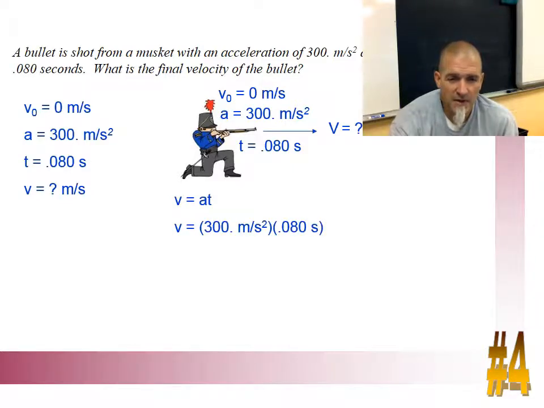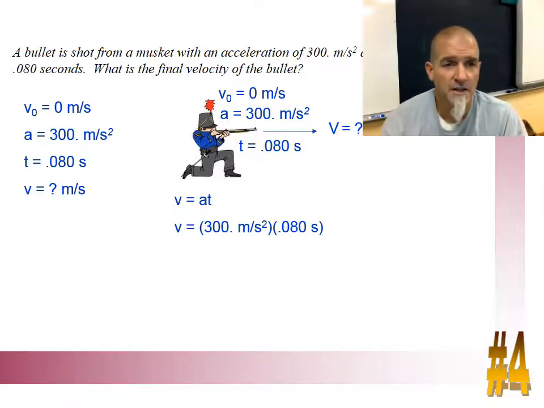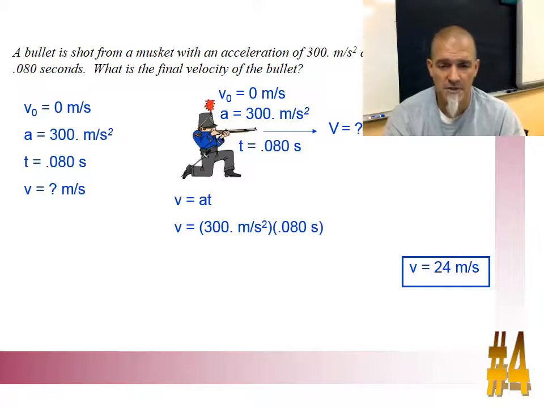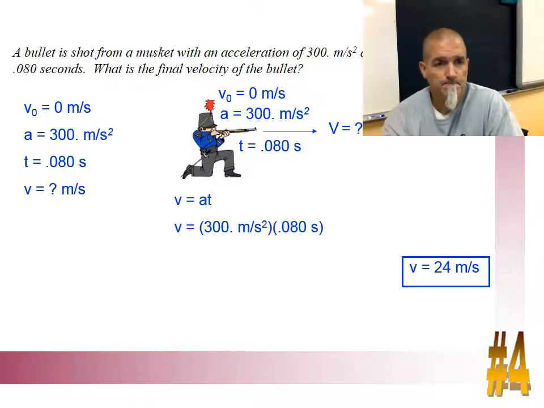Plugging in then, the acceleration 300 meters per second squared, the time 0.08 seconds, 300 times 0.08, and then of course the units, meters per second squared times seconds. Make sure you're doing the algebra with the units. And cleaning this up then, we get a speed of 24 meters per second. V equals AT, proper format, final answer, lower right-hand corner of the problem.